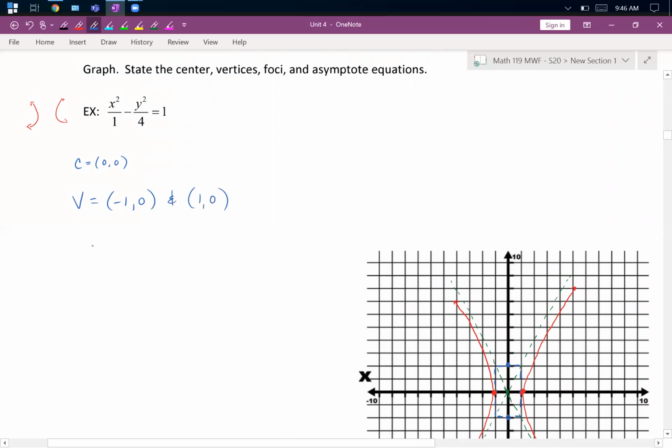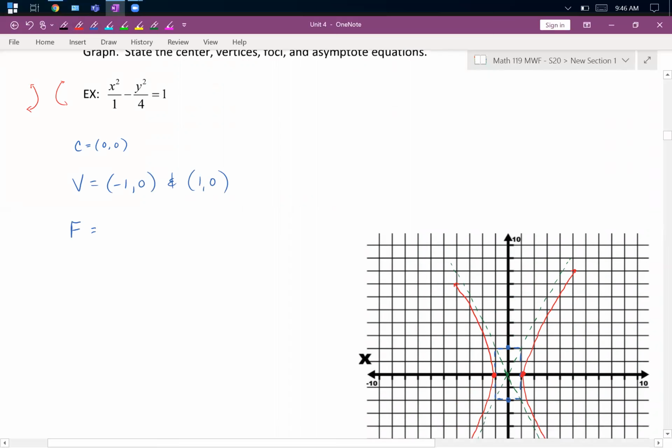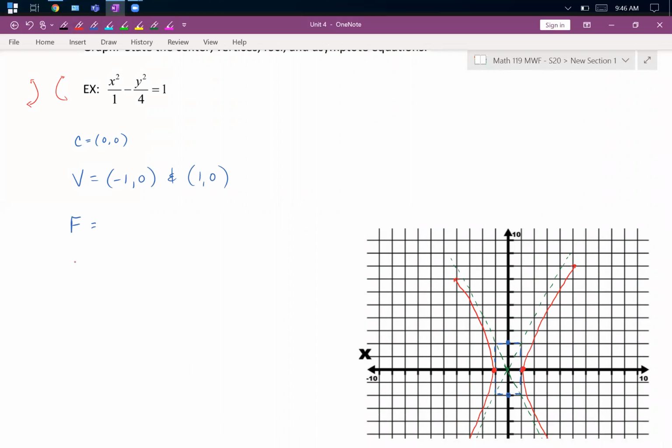We want to identify our foci. Our foci are c units away, where c squared is equal to a squared plus b squared. So c squared is going to be 1 plus 4, which makes c the square root of 5.